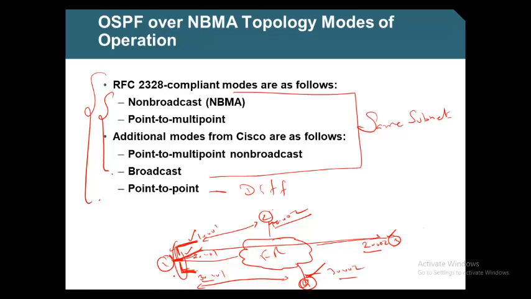Do you understand what I am saying? You cannot use different subnets in point to multipoint. Then it cannot be considered as point to multipoint.